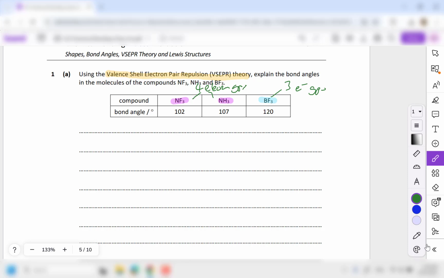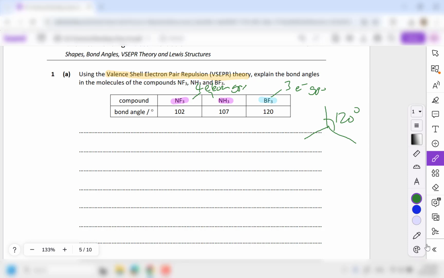So for 3 electron groups, the best arrangement will be trigonal planar, which takes on an angle of 120 degrees. That explains why BF3 is symmetrical and has a bond angle of 120. That would be the simplest to explain.